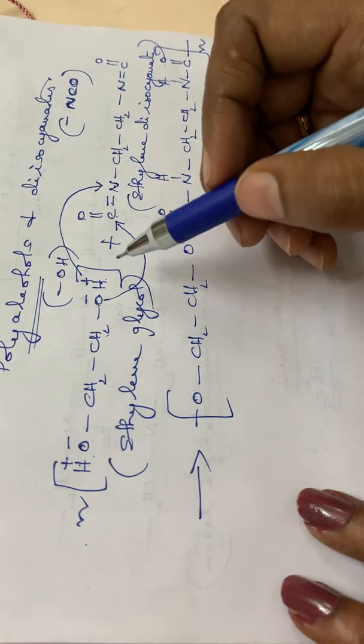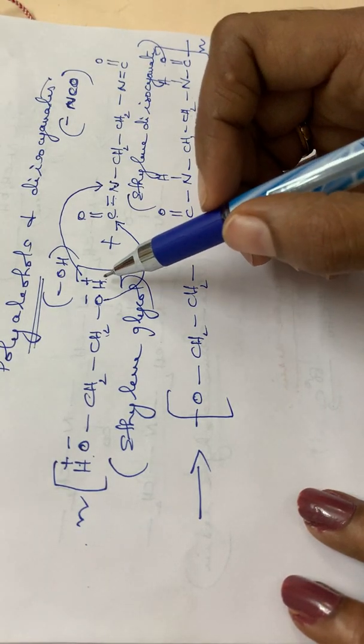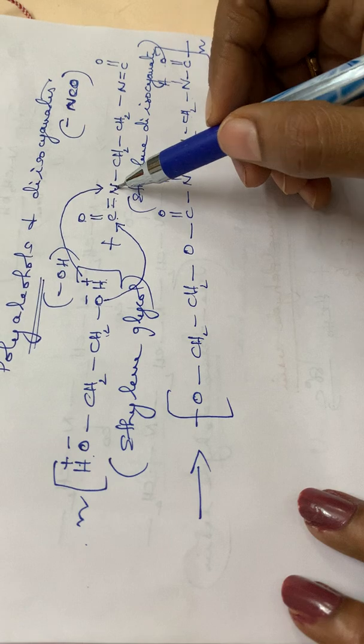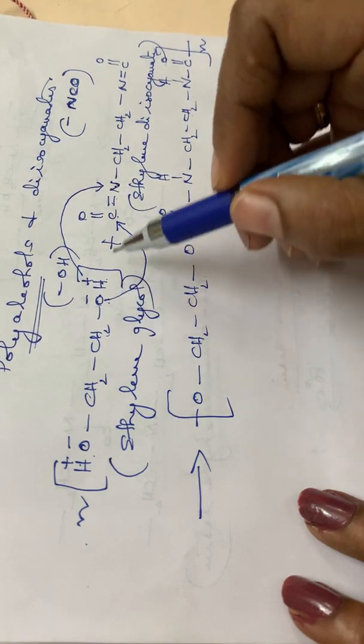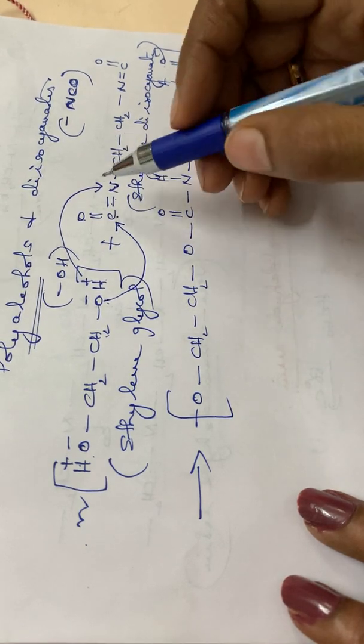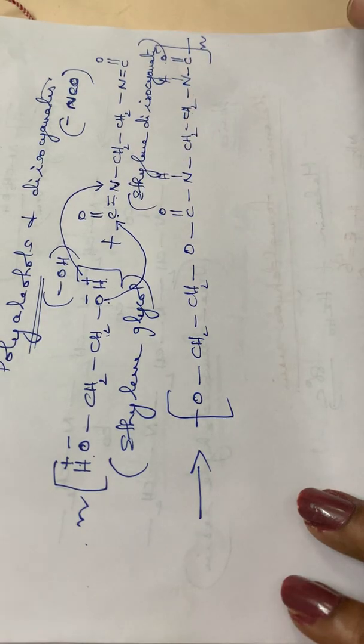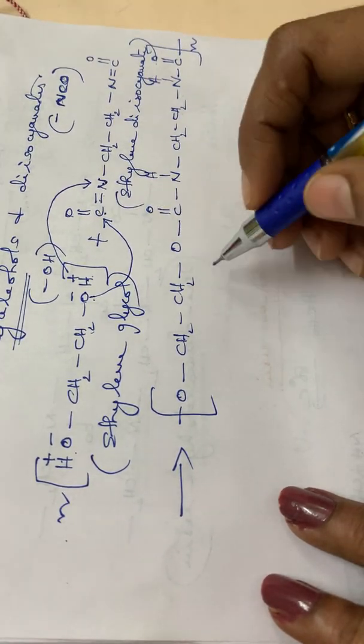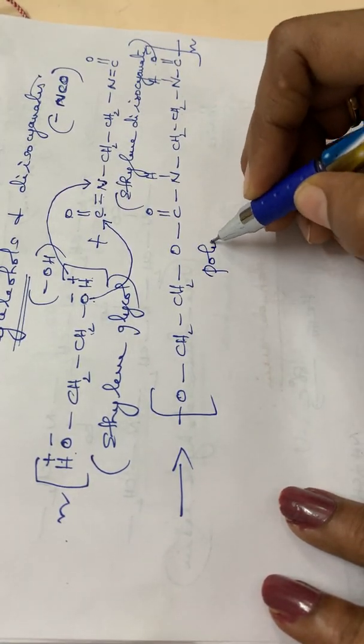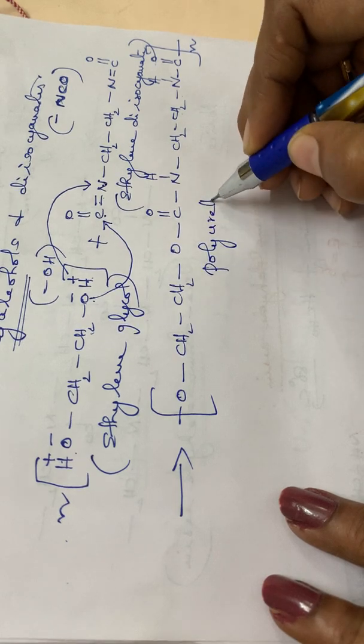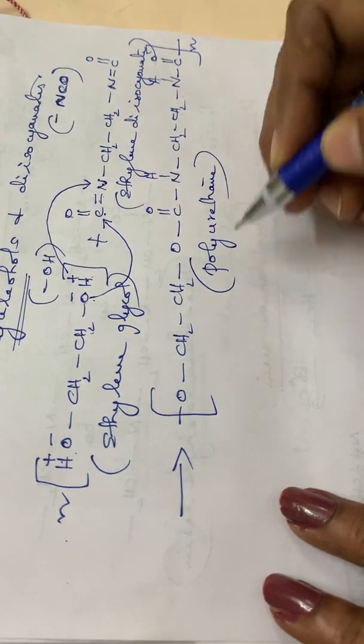The only thing you have to note down here is that this H plus will be joining this nitrogen atom and the O minus will be attacking this carbon, after this bond breaks. So this is the polyurethane, the thermosetting polymer.